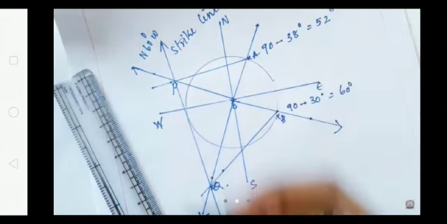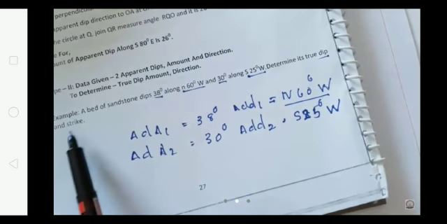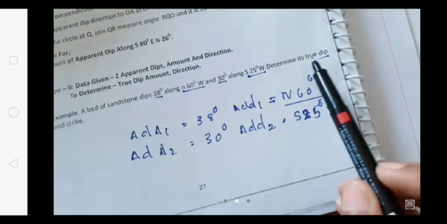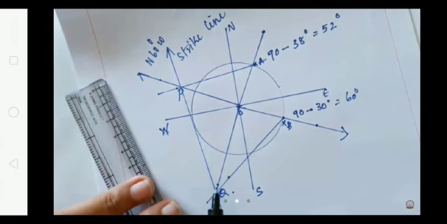Two strike lines we have got now. So you have to find the strike as well as the dip amount and dip direction. So we have got a strike line.